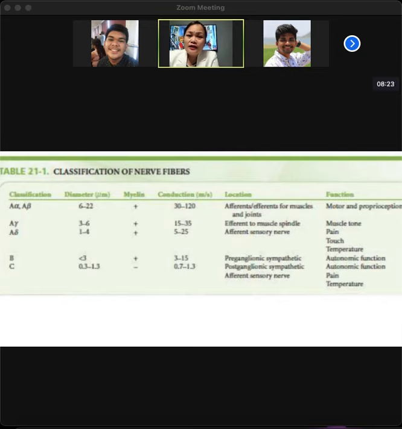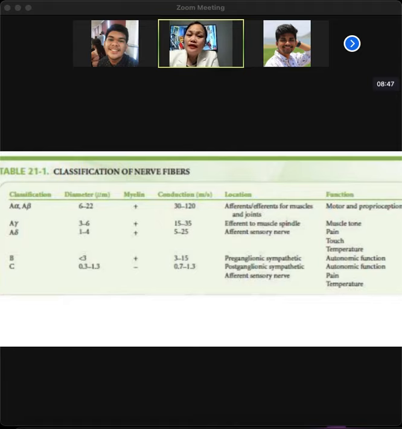And the A delta is for your afferent sensory nerve, functions for conduction of your pain and touch. This is responsible for fast pain. Kasi mas malaki ang fiber na A.